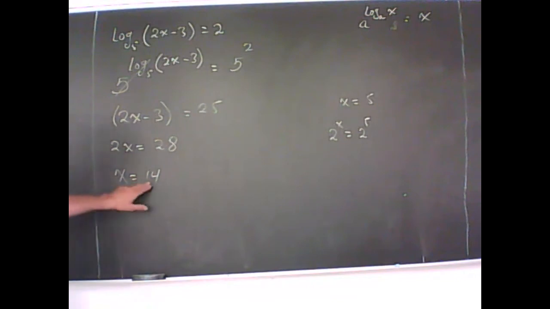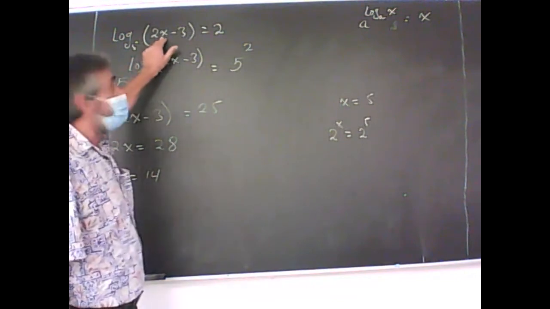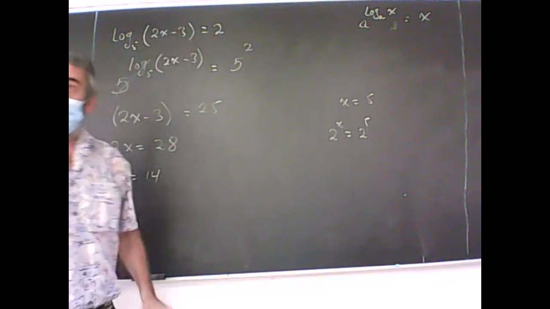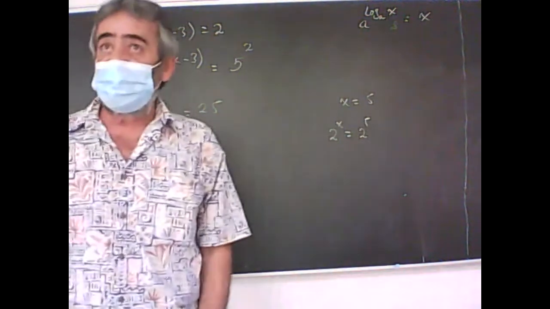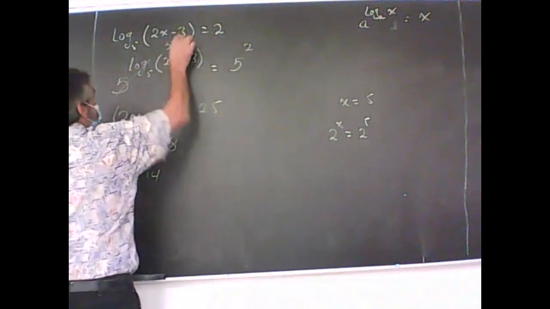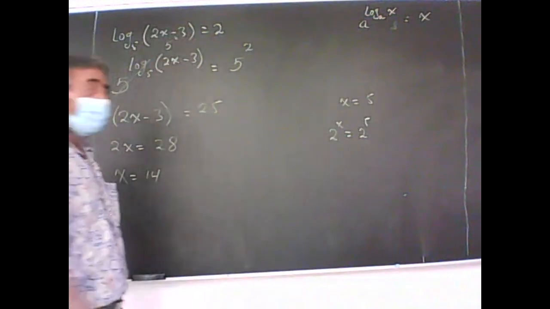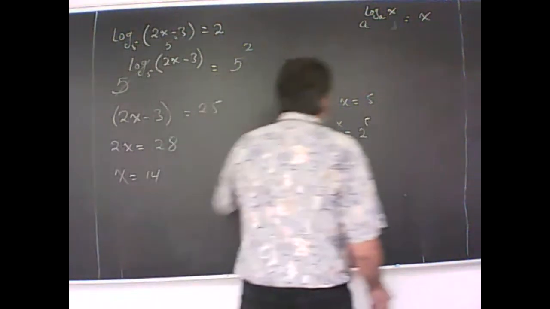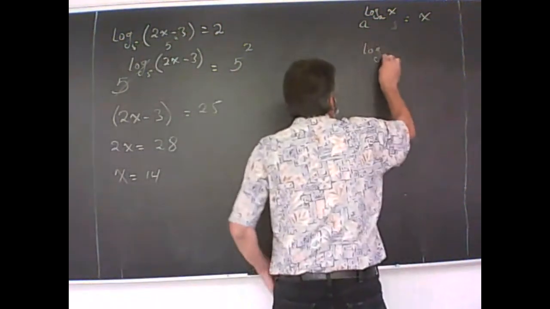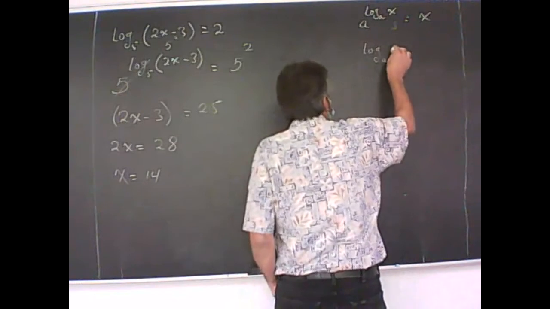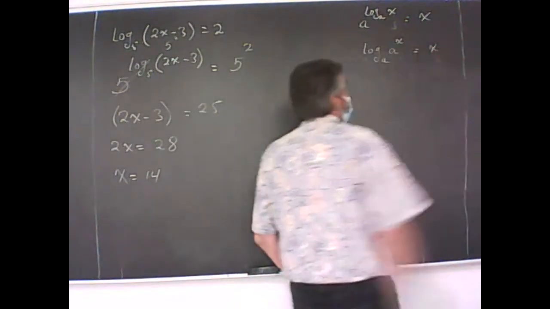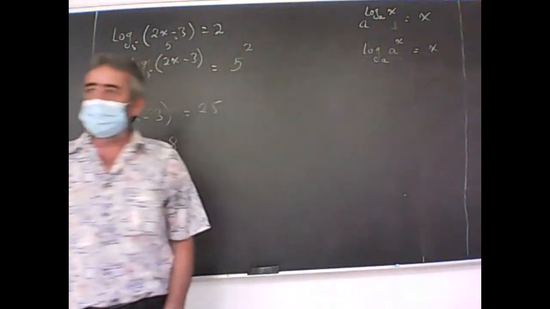So if I say x is 14, 2 times 14 is 28. 28 take away 3 is 25. And then 25 is 5 squared. Yeah? What did we say about log? Again, property of log. We have log base a of a to the power x equal also x.